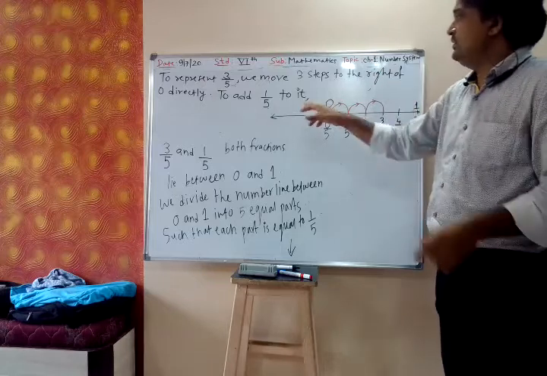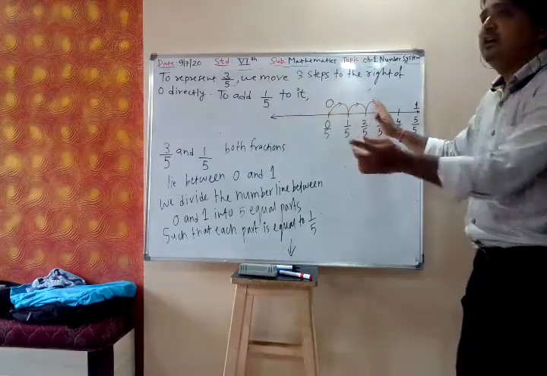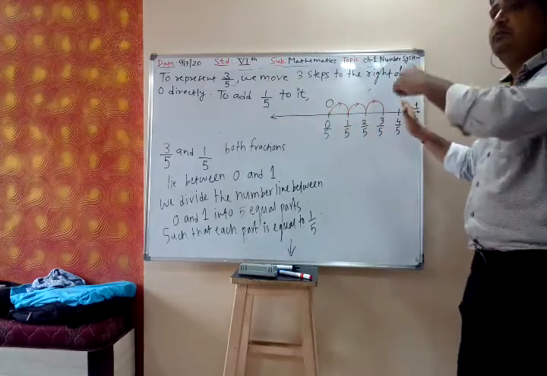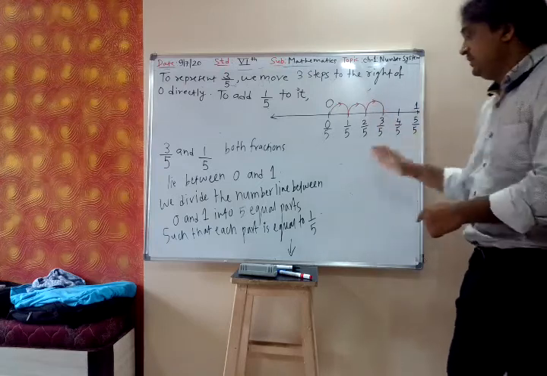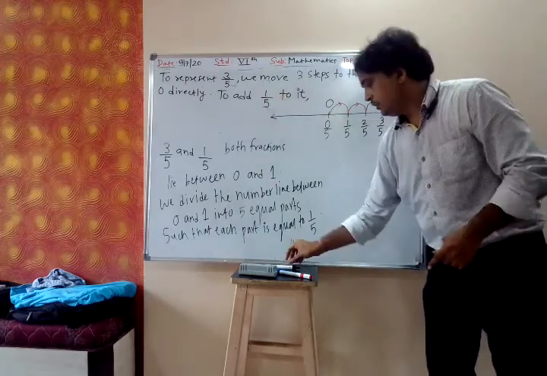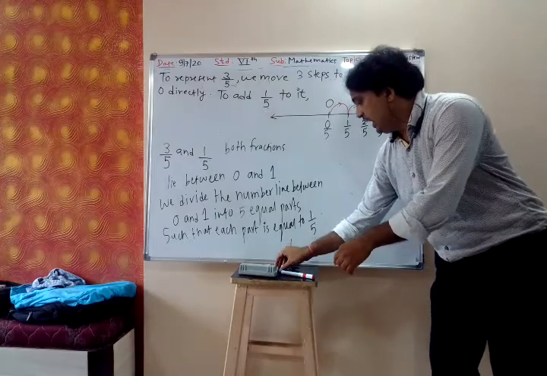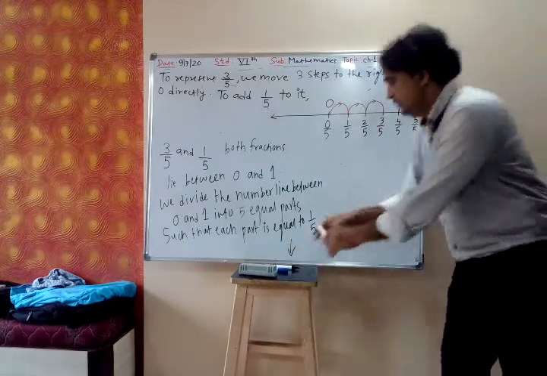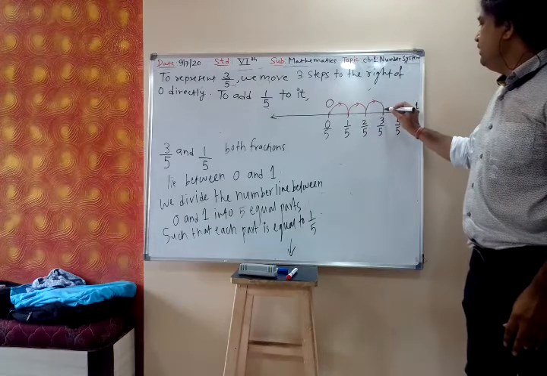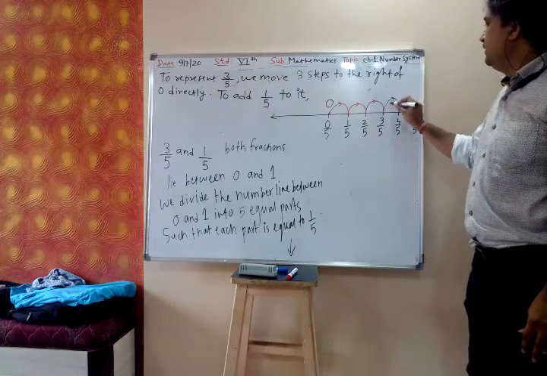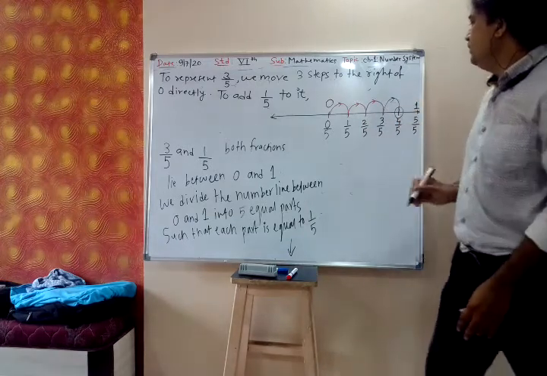The number has a plus sign. Right. We will make one jump to the right, because it is 1 upon 5. Now from there, I will make one jump to the right. Where do we reach? 4 upon 5.